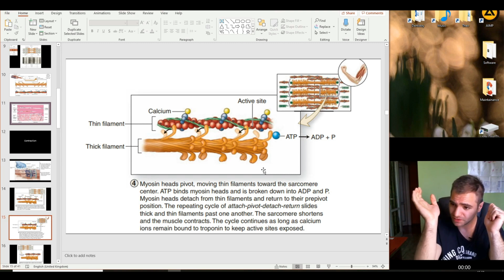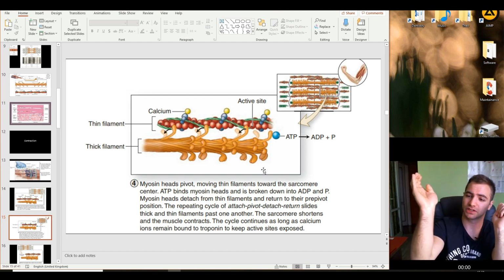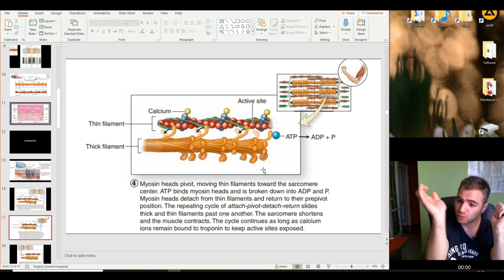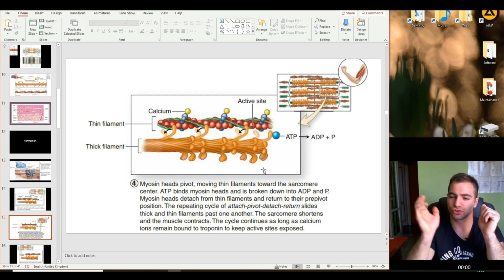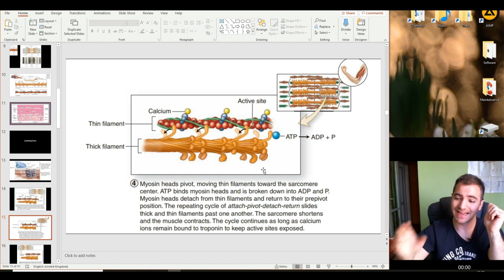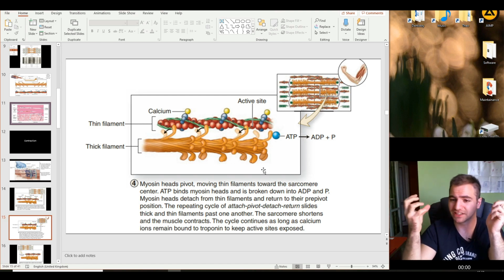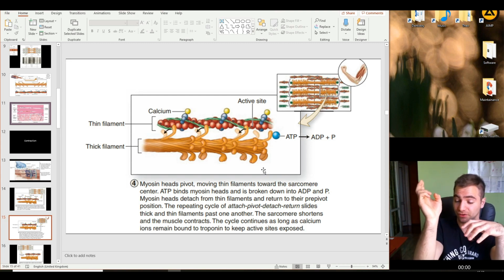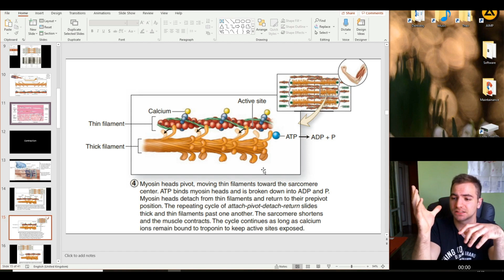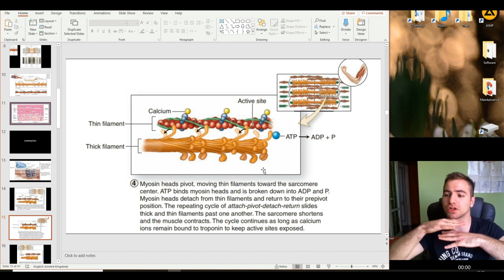Once it's already bound, it will do this inward movement towards the center, towards the M line. The function of ATP in this case is that it allows the myosin head to release and stop this binding.